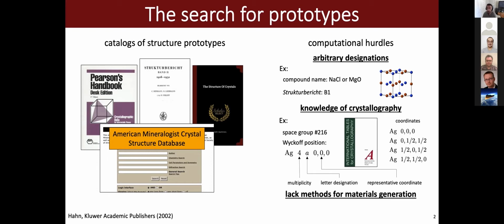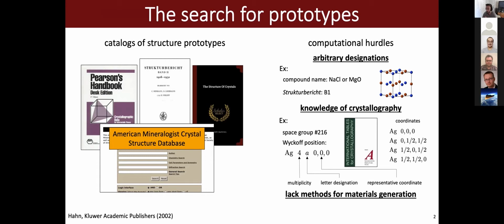In addition, for the Strukturbericht designations, typically for rock salt it would be B1, but again, that doesn't really tell you what the structure itself looks like. So something that we wanted to overcome when we developed this encyclopedia was to have a good naming scheme that would tell you what the structure looks like. That's one of the first hurdles that we wanted to overcome with respect to some other resources in the community.